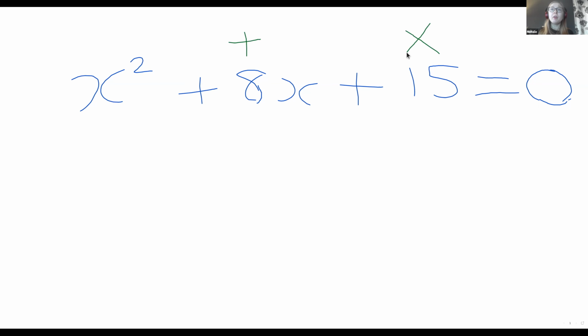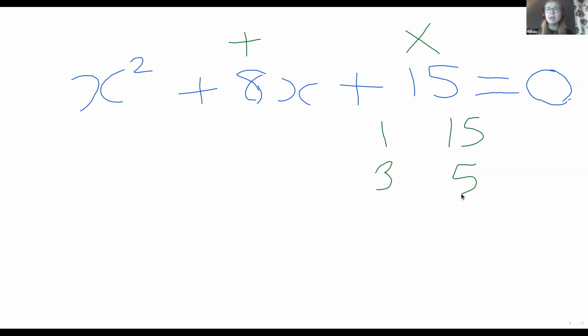Now, if you're not feeling very confident, a great place to start is to write out the factors of 15. So the pairs of numbers that multiply together to make 15. So you could have 1 and 15, and 3 and 5. And luckily for us, that's it. There are no other pairs of numbers that multiply together to make 15.